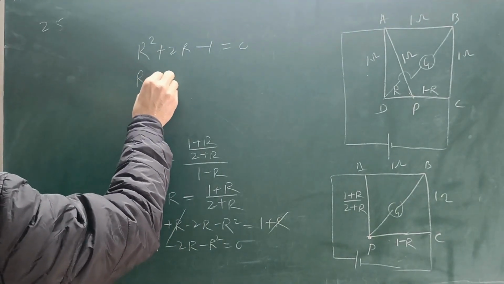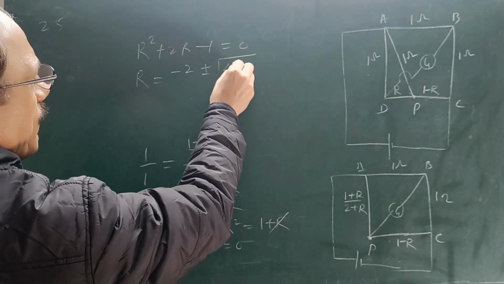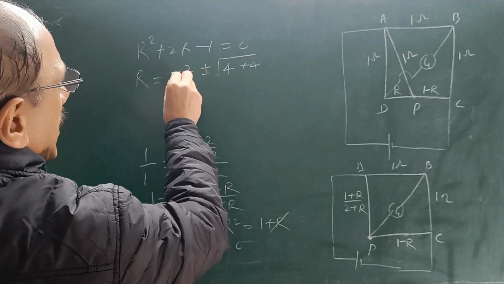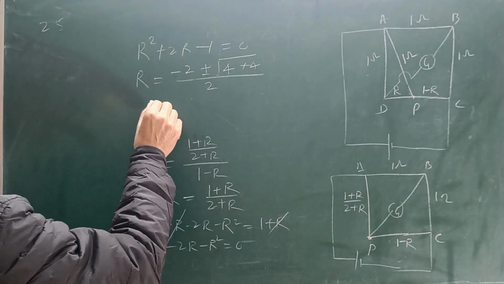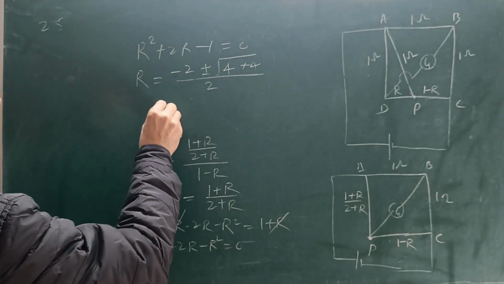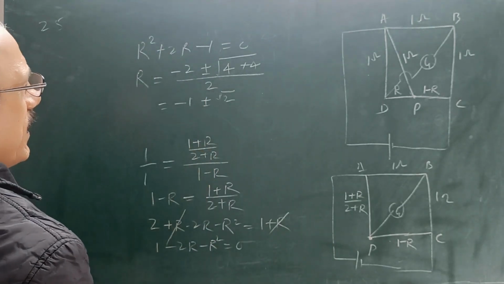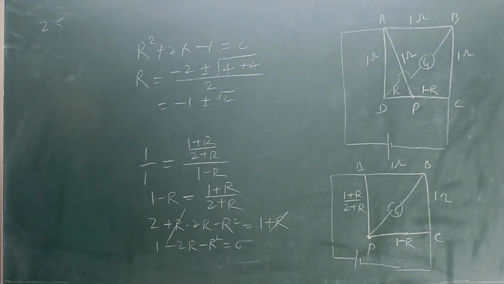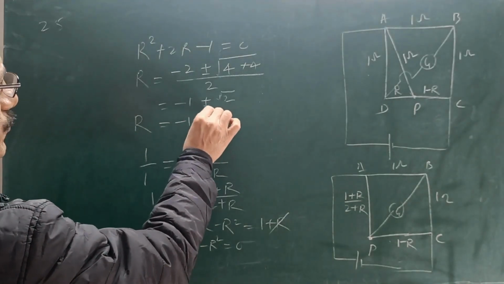So R will be equal to minus 2 plus minus under root 4 plus 4, upon 2. So R will become minus 1 plus minus root 2. As R cannot be negative, R has to be minus 1 plus root 2.